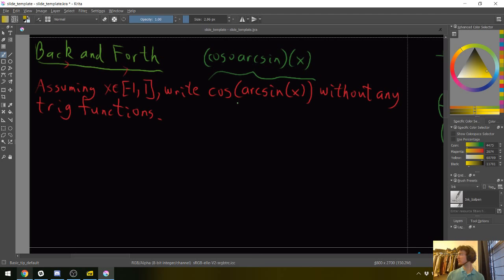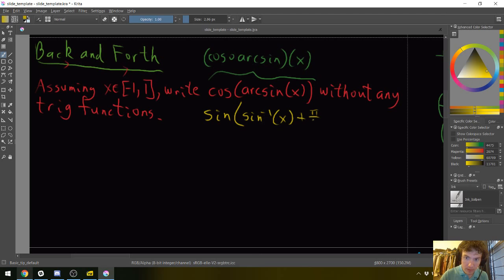So you're saying we could replace the cosine with sine. I'm going to write sine inverse instead of arcsine because I feel like you like that notation better. Sine plus pi over 2. So I agree that works. That's exactly what I meant. Okay. I agree that this is equal. How do we simplify this now?